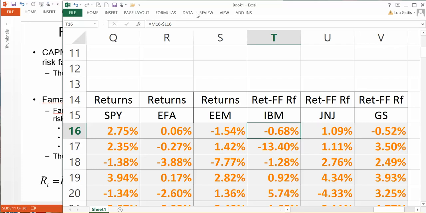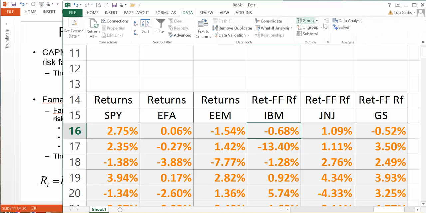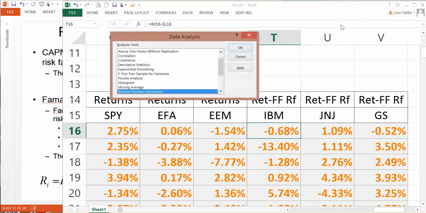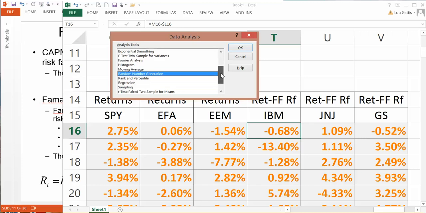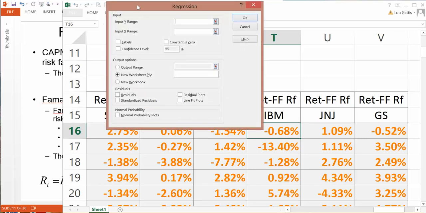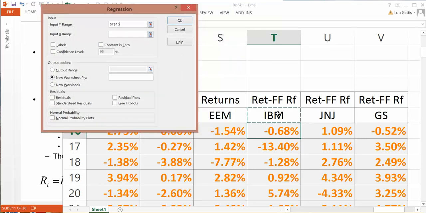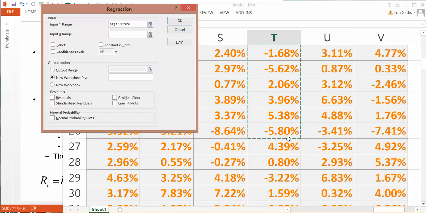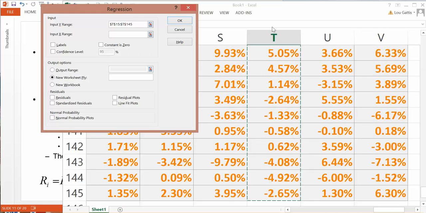So now I'm going to go to Data, Data Analysis. Make sure you have the add-in loaded for the Analysis ToolPak. Choose Regression. Okay. I need a Y variable, so we'll do IBM first. I'll grab the IBM returns. So that's the array of IBM returns.